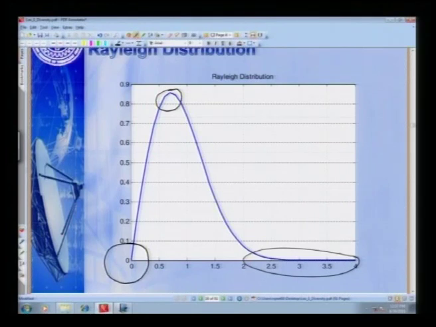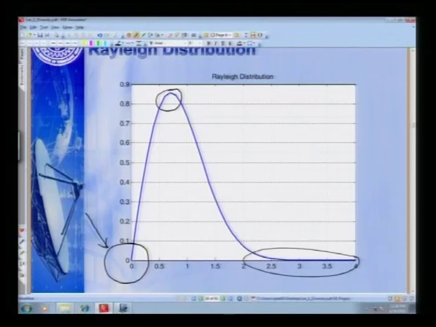Now, what is important for us is this range of the fading coefficient here, which is close to 0, because when the magnitude of the fading coefficient is close to 0, it means that the fading coefficient has very low gain, which in turn means that the signal power received is significantly attenuated.